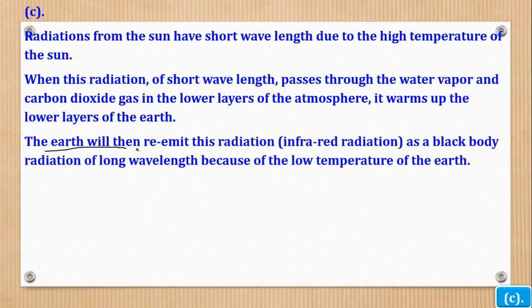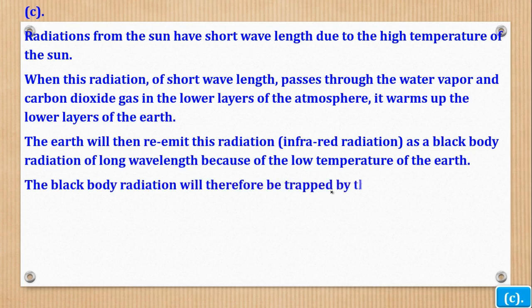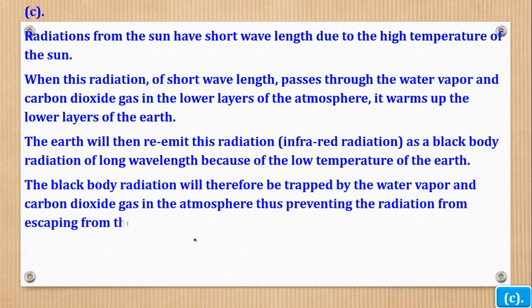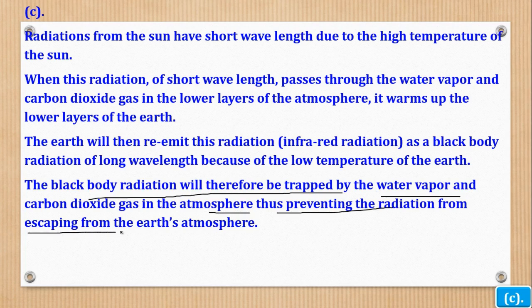The earth will re-emit this radiation as black body radiation of long wavelength because of the low temperature of the earth. The black body radiation will therefore be trapped by the water vapor and carbon dioxide gas in the atmosphere, thus preventing the radiation from escaping from the Earth's atmosphere.